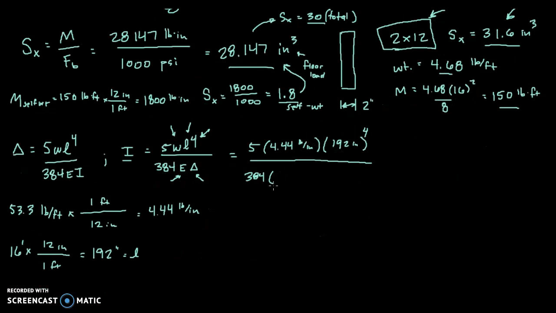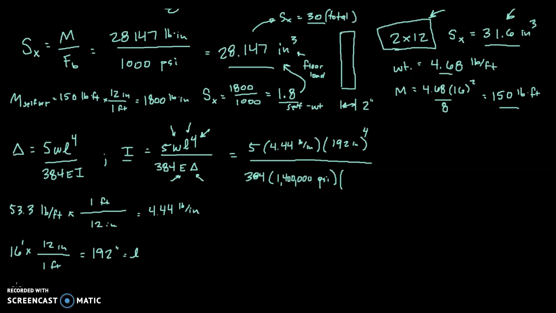Since I've got pounds up here, let's go with the PSI value. So that's 1,400,000 PSI, the modulus of elasticity of hem-fir. And deflection. We'll have to go back to the original problem statement to see what the allowable deflection was.